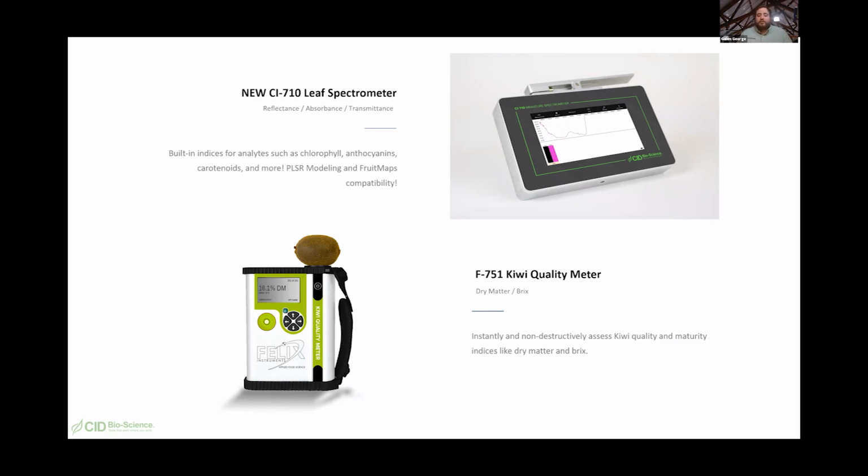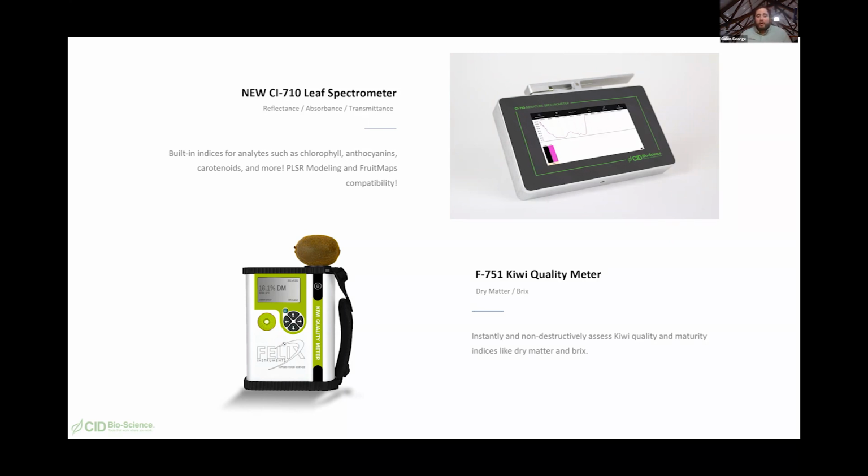Tons of built-in indices for your vegetative indices like chlorophyll and anthocyanins and carotenoids. And additionally, the ability to use partial least squares regression modeling and compatibility with our FruitMap harvest tracking software will all be standard in the 710. It's a vast improvement from our previous model, so we're really looking forward to releasing that in this upcoming year.